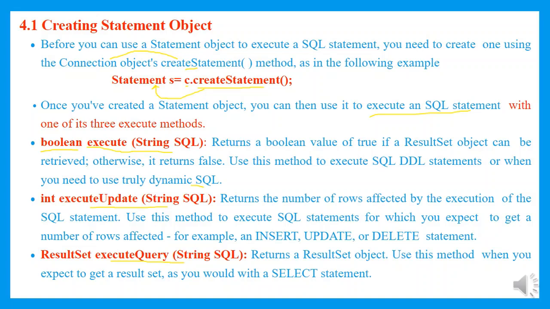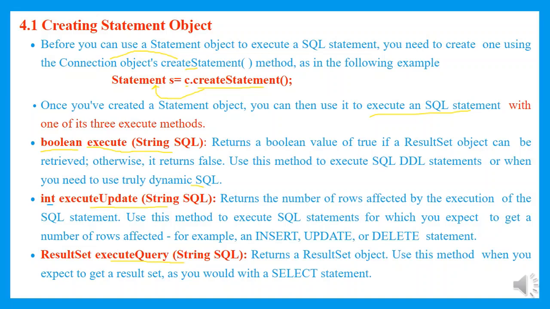The next method is executeUpdate. The executeUpdate method is used to perform operations that manipulate the values in the table. The return value of the executeUpdate method is an int value, which is the number of rows affected by the execution of the SQL statement. Use this method to execute SQL statements for which you expect to get the number of rows affected.